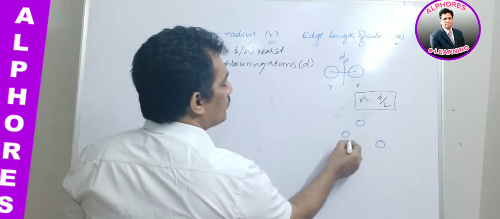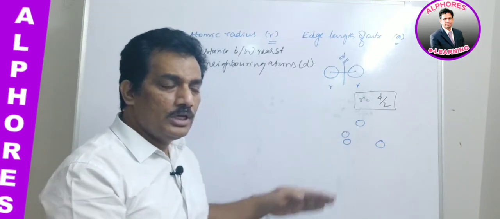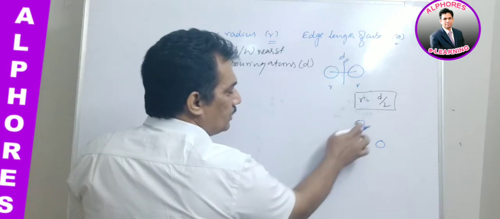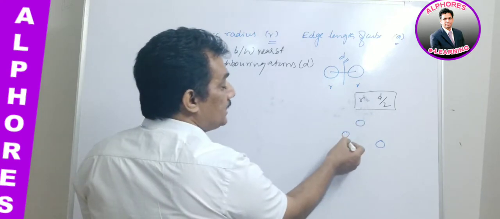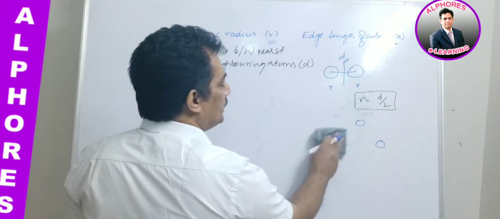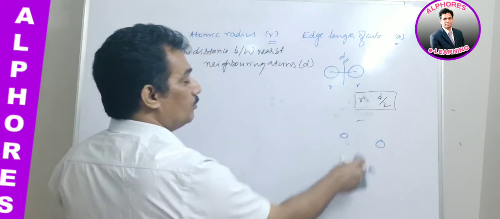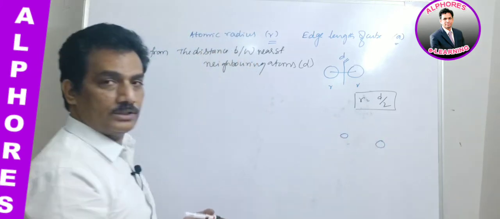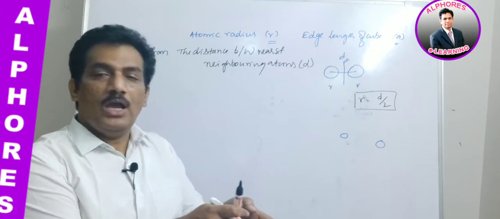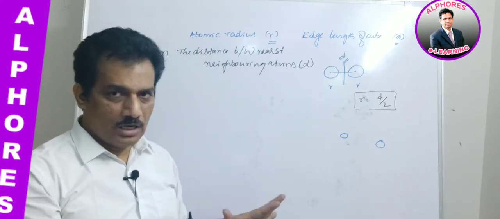And now if one more atom is present like this, now whether we have to consider this or this, so here a relative internuclear distance comparison, when it is not present, this is the closest, when it is present, this is the closest. Clear? And now if it is absent, we are considering this is the closest. If it is also absent, then automatically this will be the closest. Like that, relatively, which are the nearest neighbors, we have to consider that distance half is nothing but atomic radius. Are you clear with this concept?